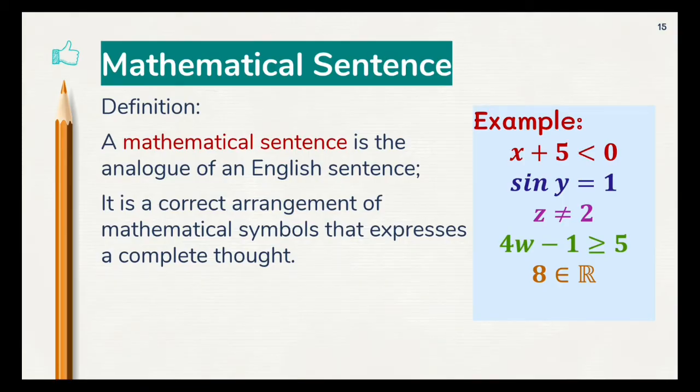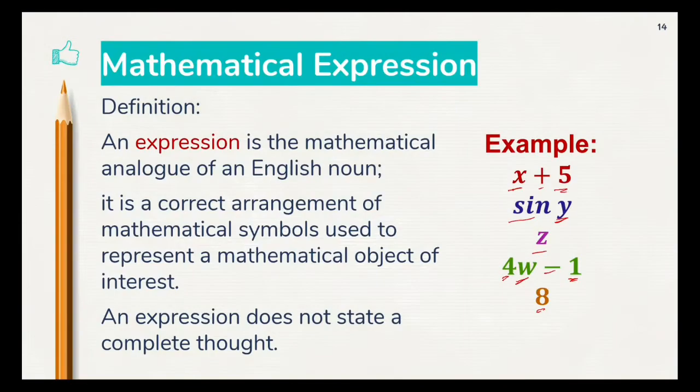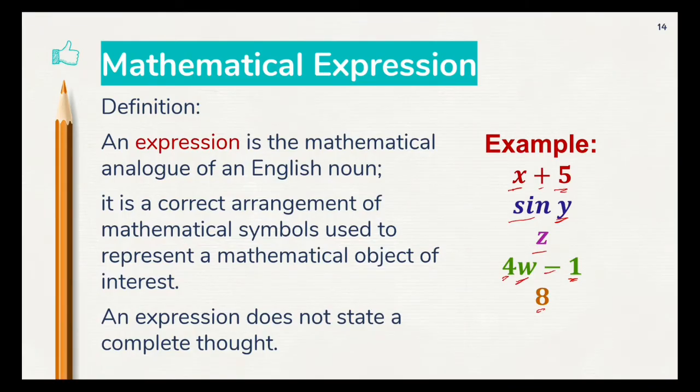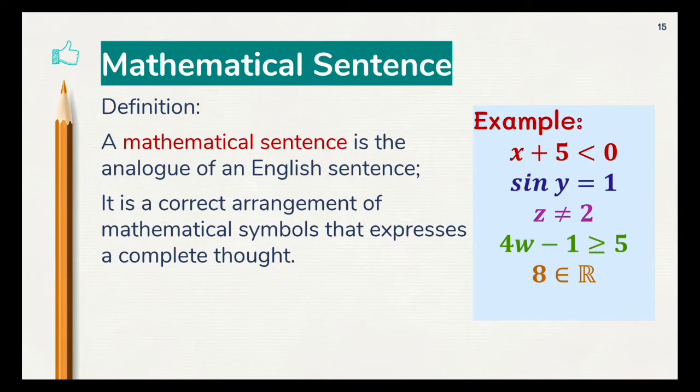Okay, so if you see the difference from the examples earlier to here, if you notice, it is complete now. The sentence: x plus 5 less than 0. It is complete. And sine y equals 1.